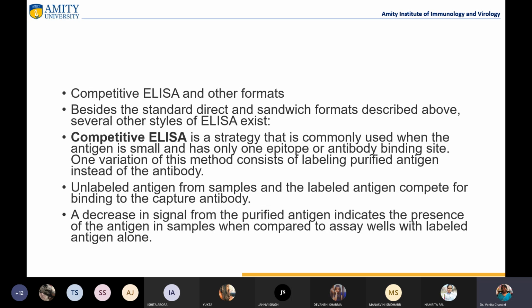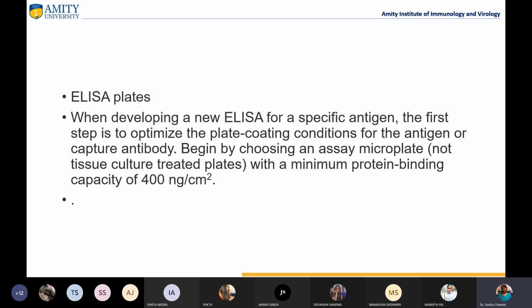So unlabeled antigen from samples and the labeled antigen compete for binding to the capture antibody. If there is a decrease in signal from the purified antigen, it indicates the presence of the antigen in the sample, as compared to the assay wells with labeled antigen alone. This kind of ELISA is used in some cases, but not in plant virus detection. We don't use this.